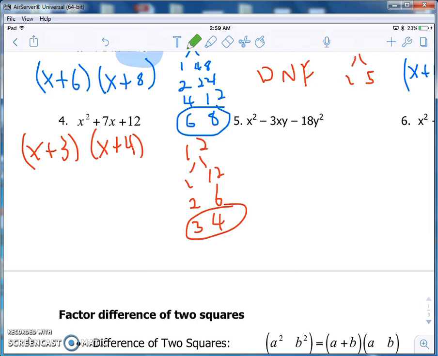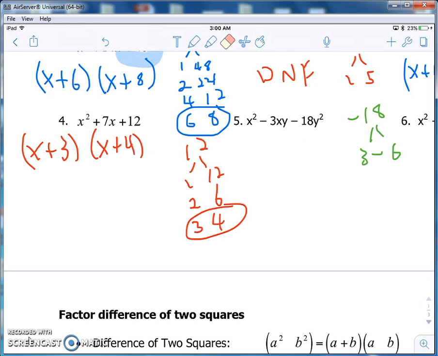We're still just looking at factors of negative 18 that add to be 3. It's 3 and negative 6. With that x and y, we're just going to put 1x in front and 1y in back. So we get x, y, and xy.